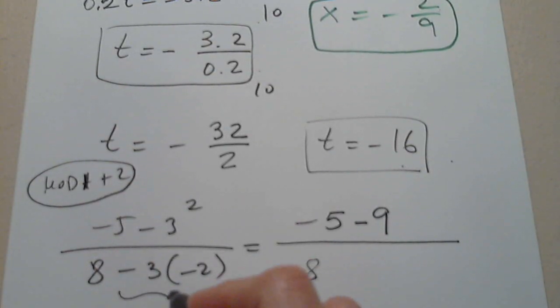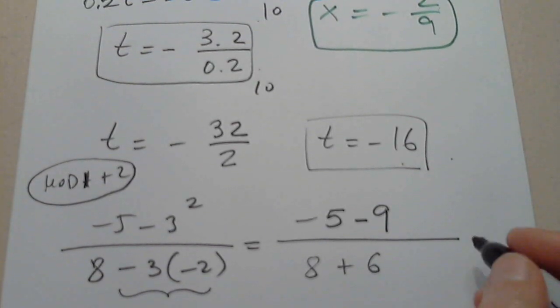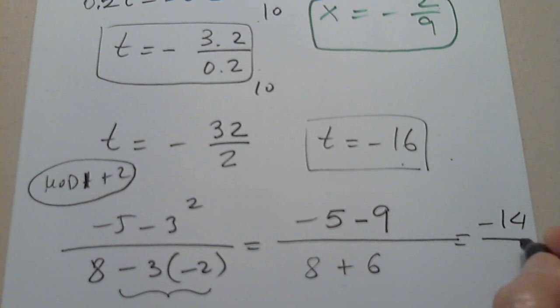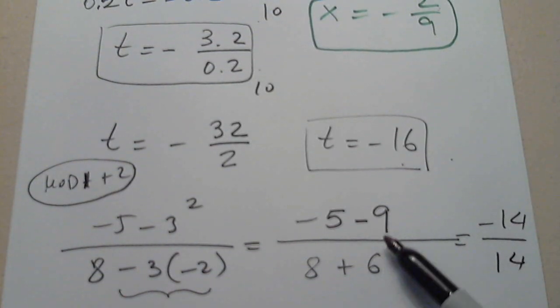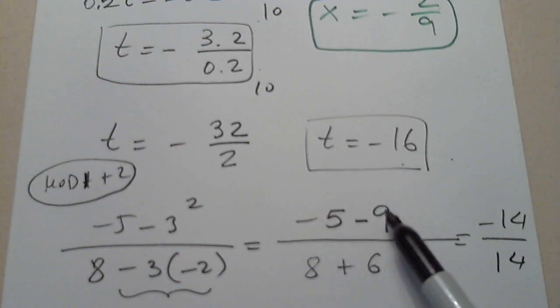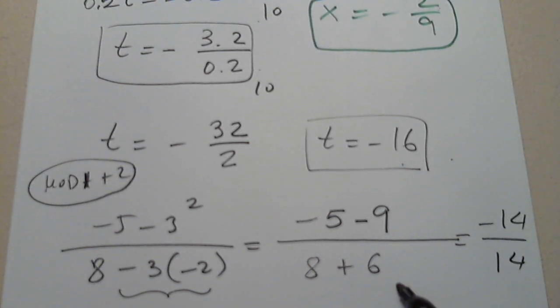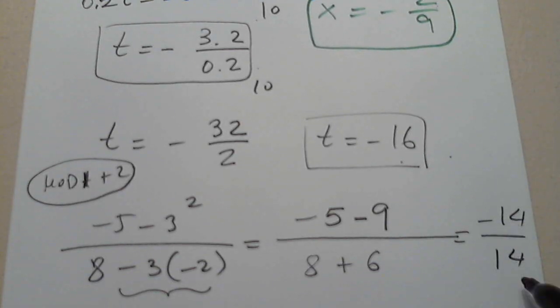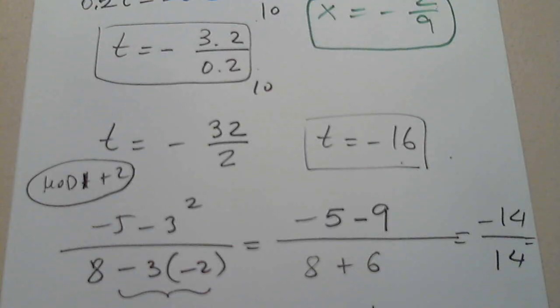We have to multiply these, which when we multiply two negative numbers, we know we get a positive number. Very good. Then the numerator is negative 14. The denominator is 14. Do not attempt to simplify. You cannot simplify terms. Negative over positive is negative, and 14 over 14 is 1. Good. Let's move on.